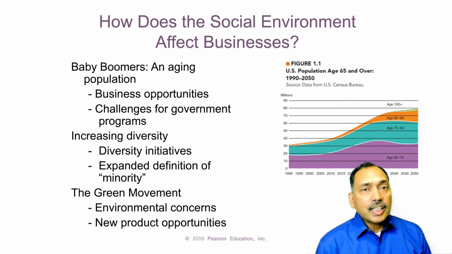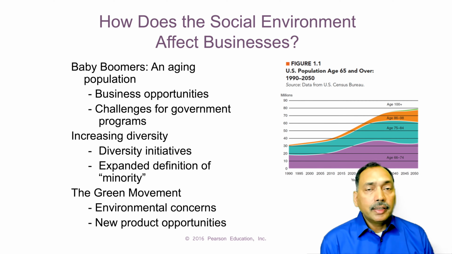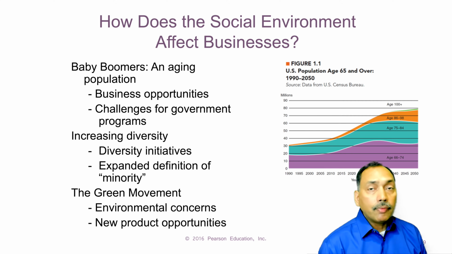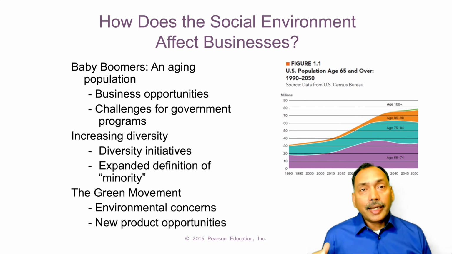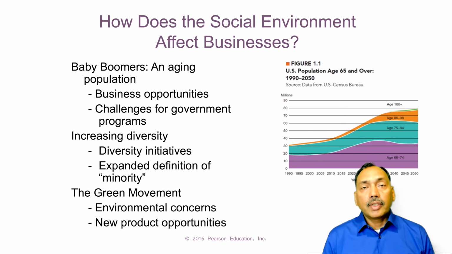Another important aspect related to social environment that affects businesses is diversity. Diversity captures differences that occur due to gender, ethnicity, religion, sexual orientation, or disability. This is something positive. Having people working in a company from diverse backgrounds obviously will bring a lot of new ideas and lead to better products and services.